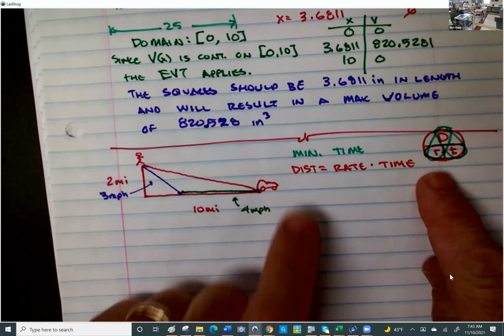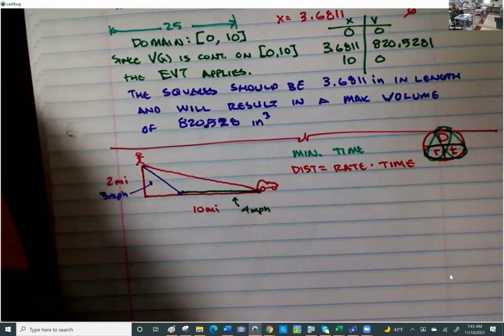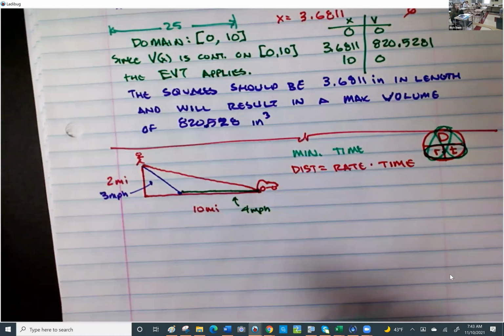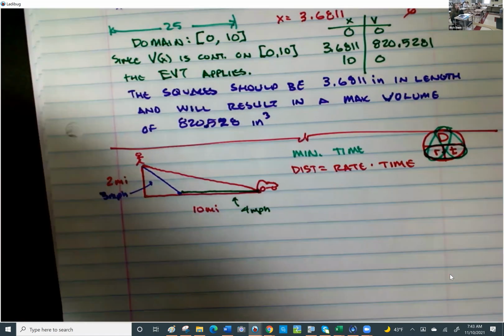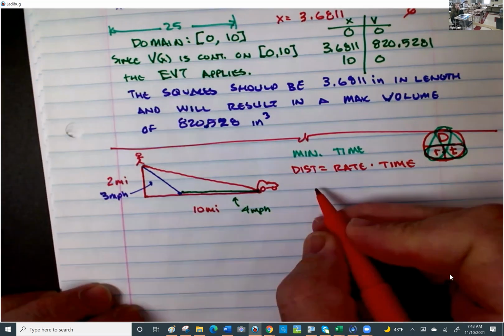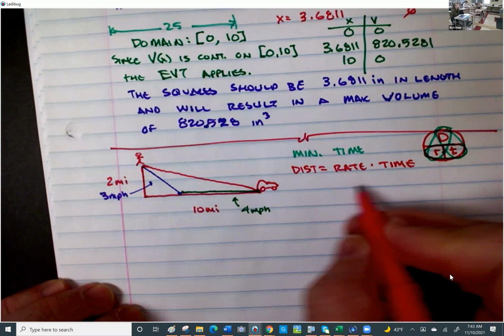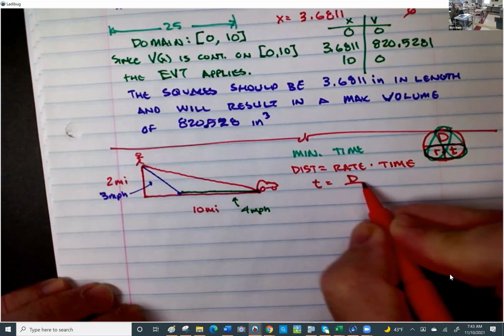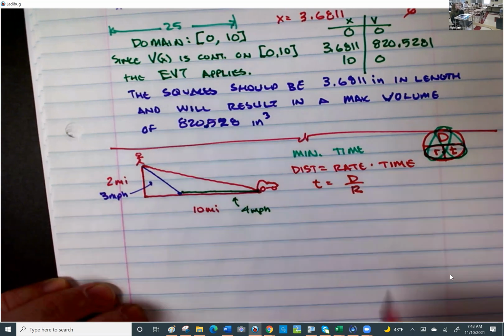Which now tells me my equation, since I'm trying to minimize time, should probably look like what? Very good. Okay, I need to divide by my rate. So time would equal that distance divided by whatever rate that I had.